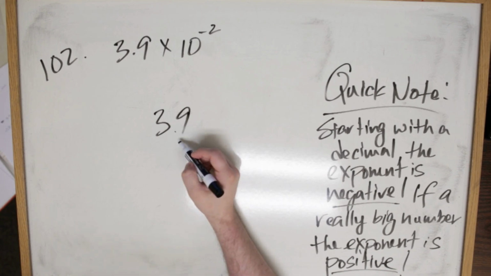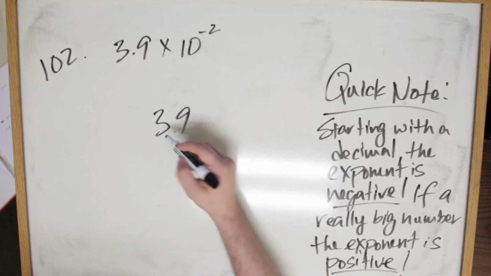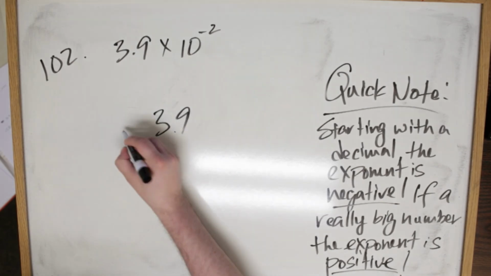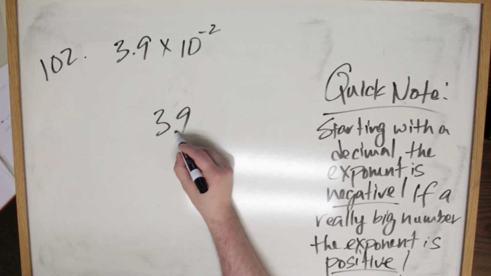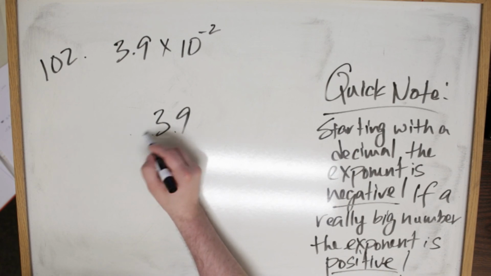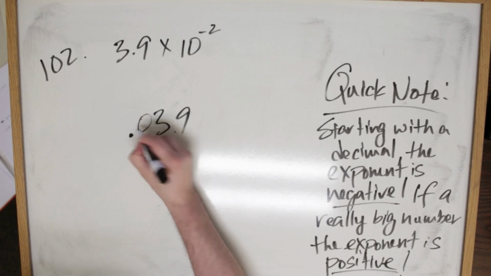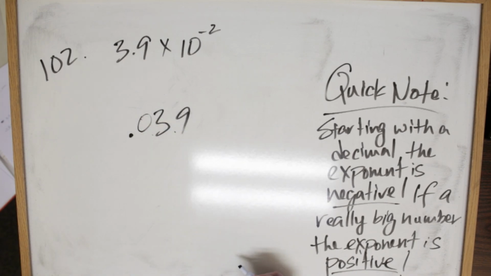Since this is negative, that means my original is going to be a decimal. So to get a decimal, I need to move it 2 places to the left. Move it 1, move it 2. And notice there's nothing in that place, so you put a 0. So the answer is literally just going to be 0.039.